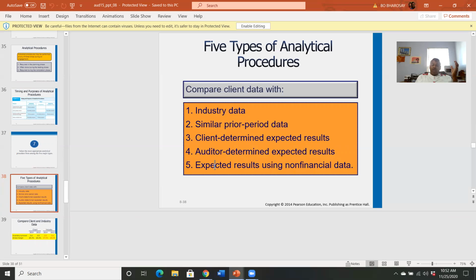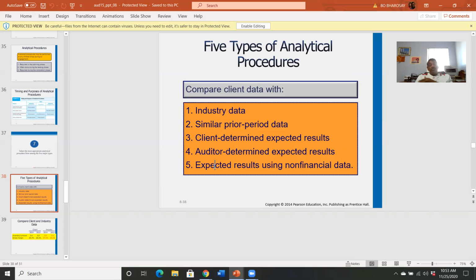I'd ask: you have 100 rooms, what do you actually charge per room per day? What's your occupancy rate? Based on that, I take the number of rooms by the occupancy rate, by the charge per day, multiplied by 365, and I get the end result of what the revenue should be.